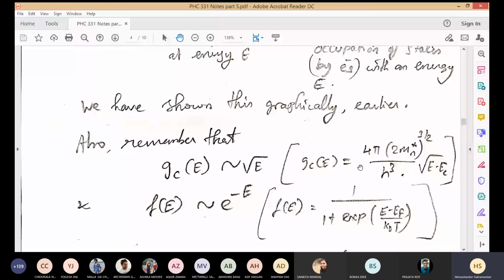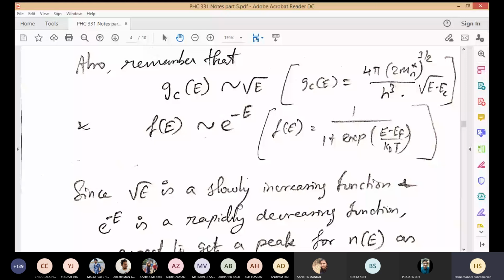The density of states is from that transformation, and your Fermi-Dirac distribution function goes as e to the power minus E over kBT. This is the full form expression. So there is a function that increases as a square root of energy. There is another function that decreases as an exponential of energy. So you're multiplying these two functions. One is an increasing function, the other is a decreasing function, and that creates a bump, a peak.